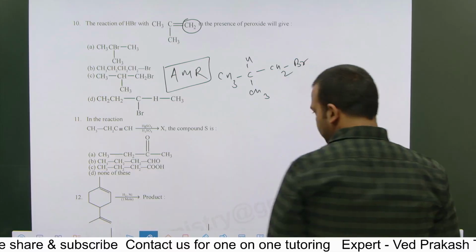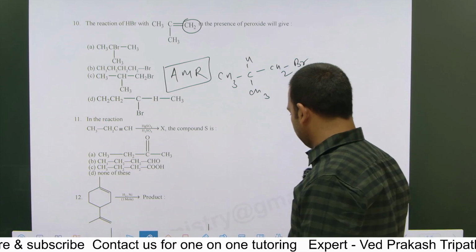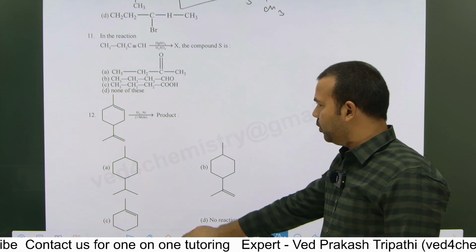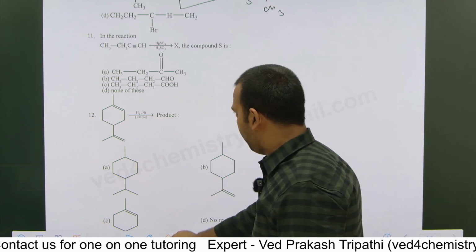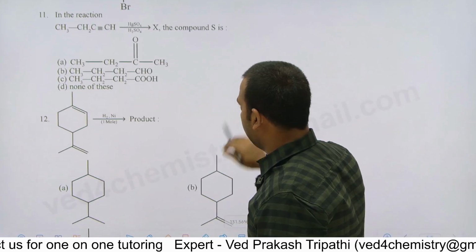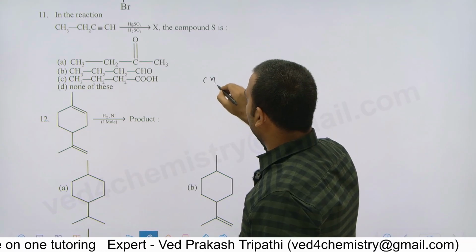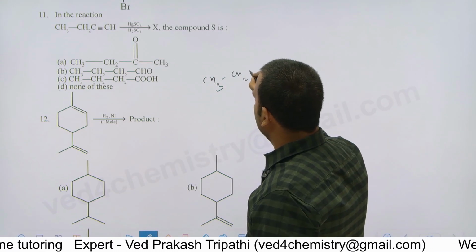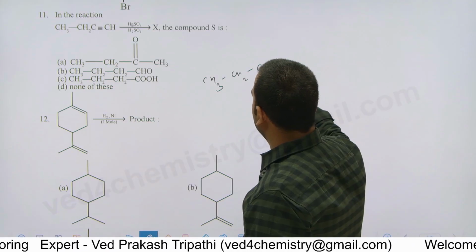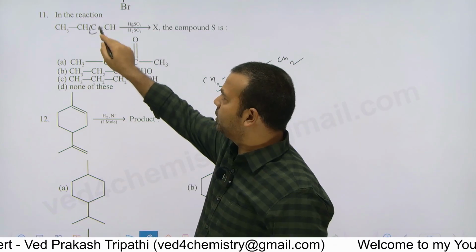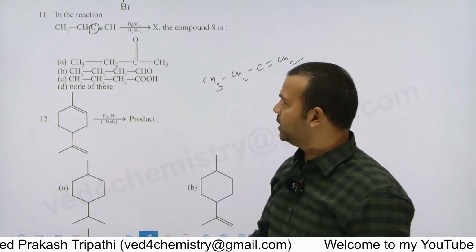Now the next is HgSO4 with H2SO4, and this is Markovnikov addition of OH. So if you do the Markovnikov addition, it means the OH attacks the carbon which has less hydrogen.